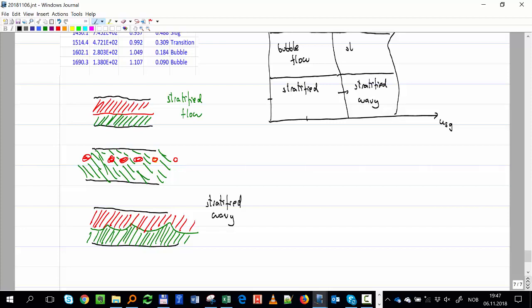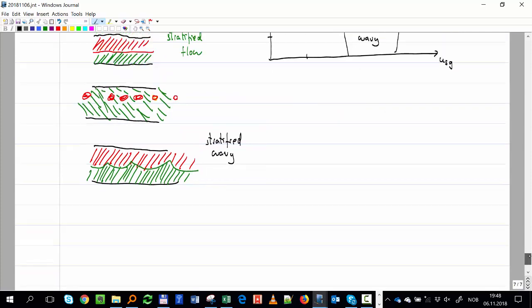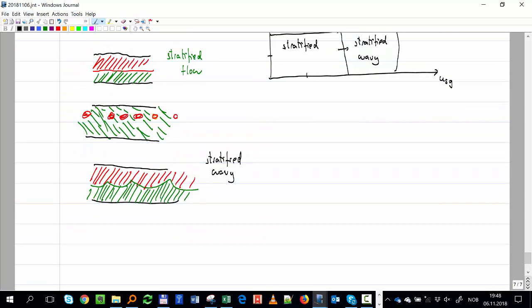Here you have slug flow, when you have significant amounts of gas and liquid velocity. And what happens now if I increase very much the gas velocity? Annular. Every time I have a very high gas flow, the liquid tends to be accumulated on the walls.